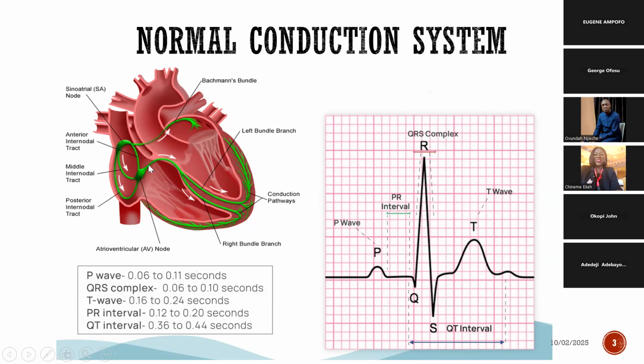So when current goes through this pathway with no interruptions, it gives us a normal P wave, a QRS complex, which is narrow, with a duration of less than 120 milliseconds, and then a T wave.